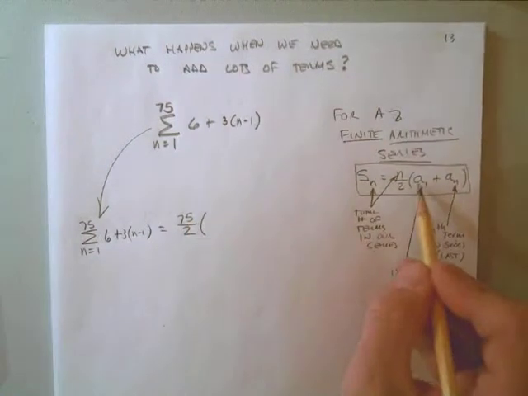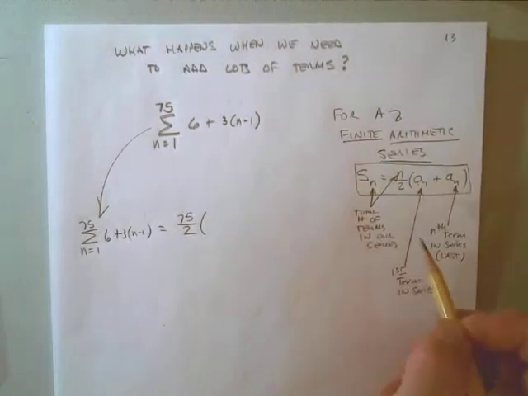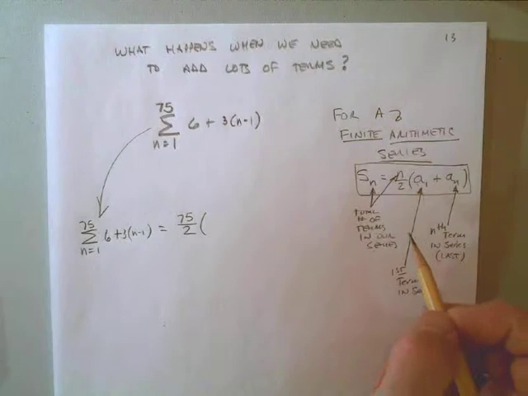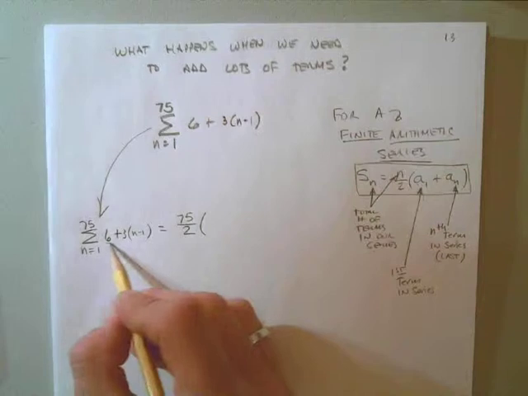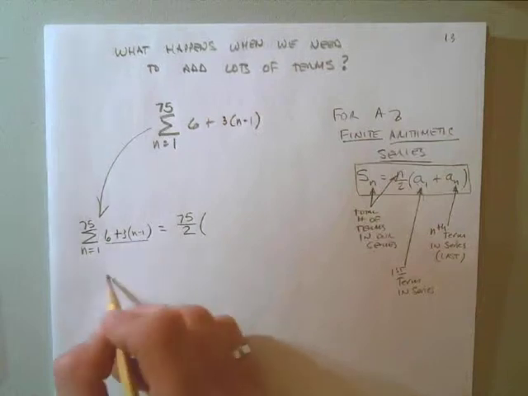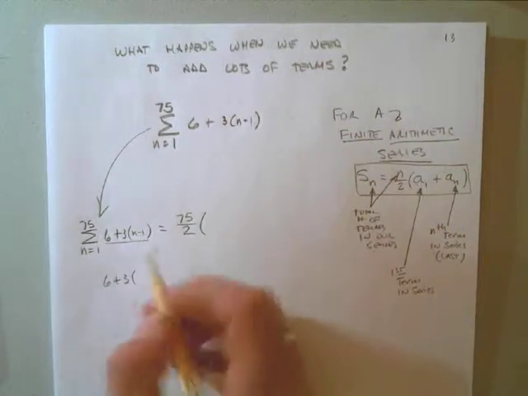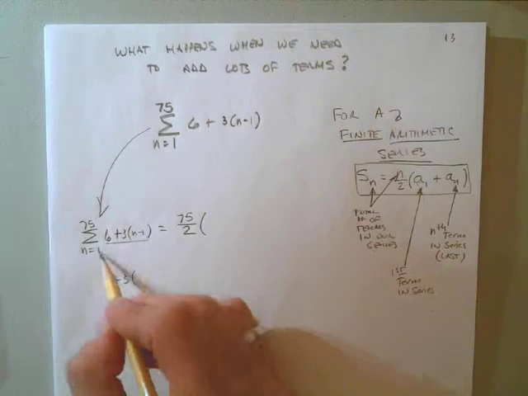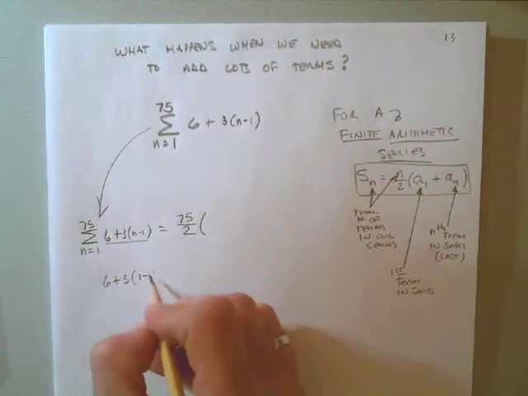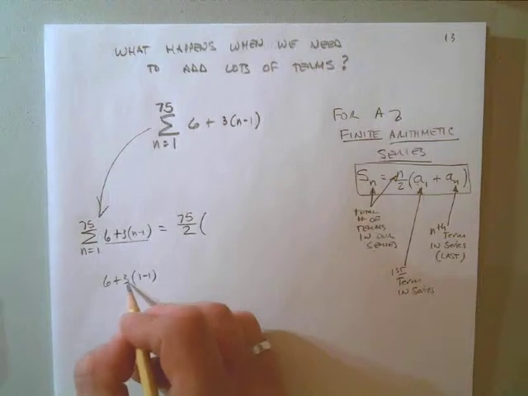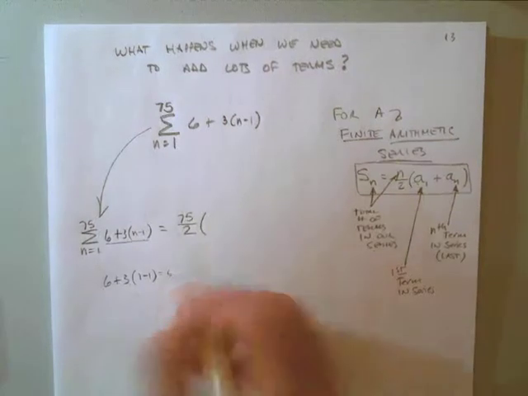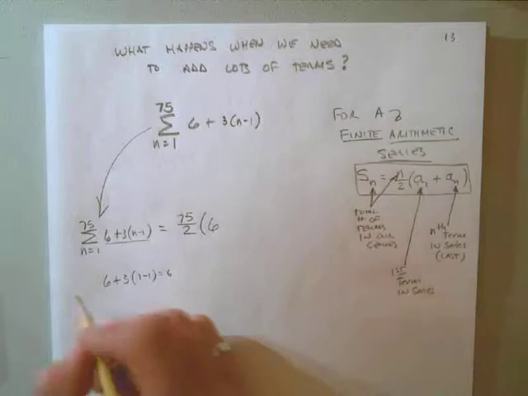And then a1 is going to be the value of the first term. Well, how in the world do we get that? The first term in the series is going to be 6 plus 3, and then the n value goes in, 1 minus 1, and so 0 times 3 is 0 plus 6 equals 6. That's the first term.